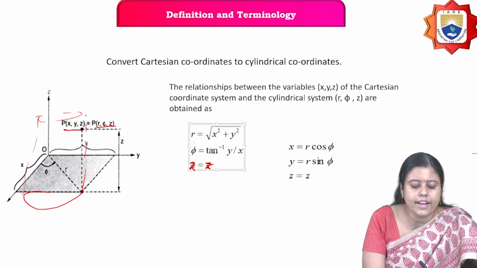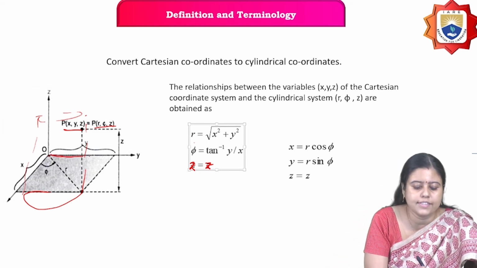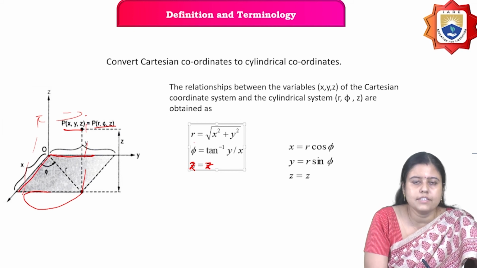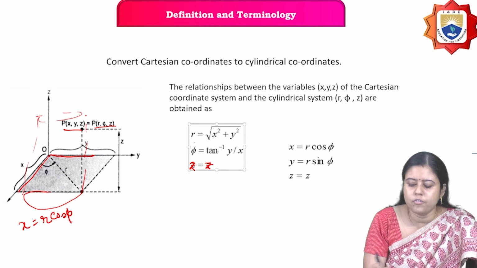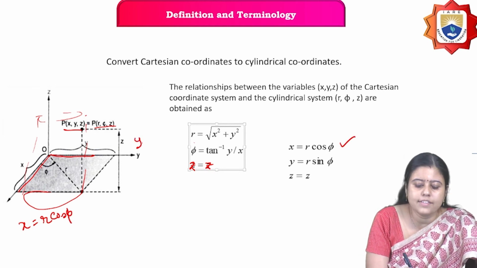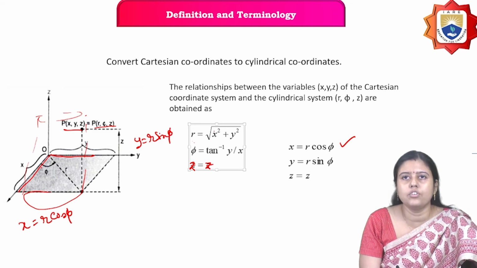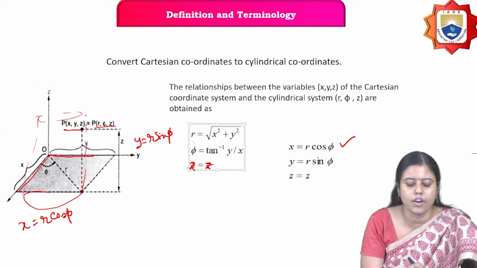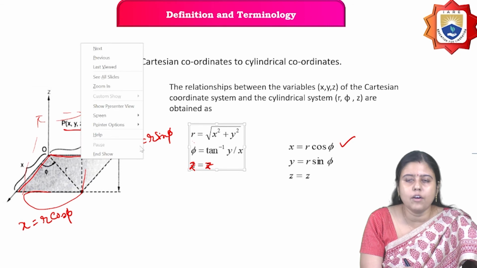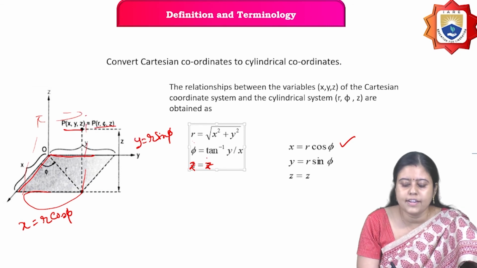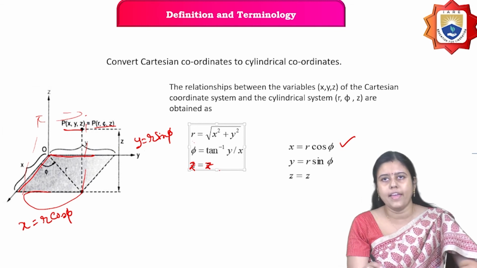What about the radius? The radius is on the surface of the cylinder, and it has 2 axes, x and y. If this is the phi angle, x is equal to r cos phi and y is equal to r sin phi, and r is equal to the root of x squared plus y squared. What is angle phi? If we divide y by x, we get y by x equals r sin phi by r cos phi, which equals tan phi. So phi is equal to tan inverse y by x.